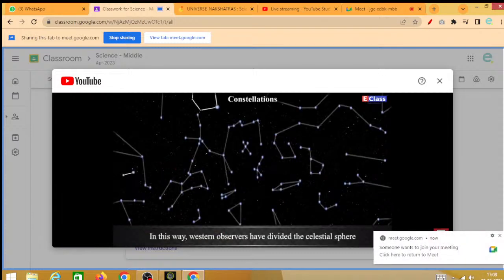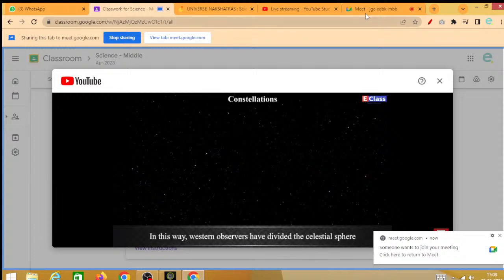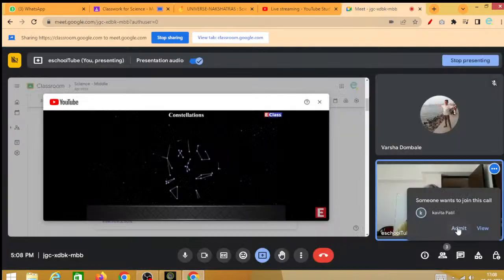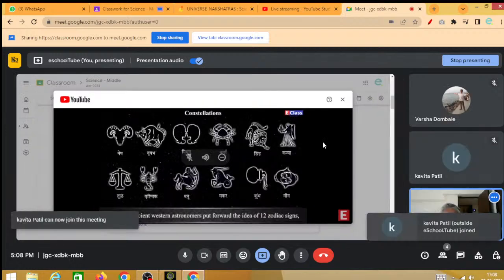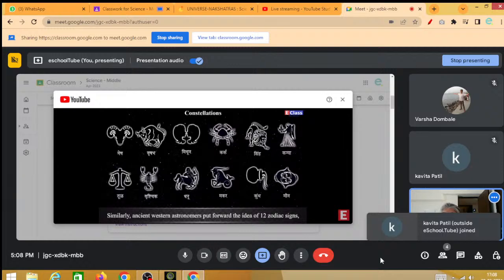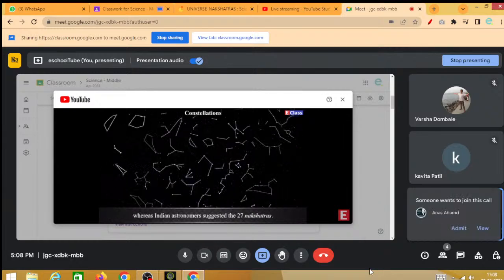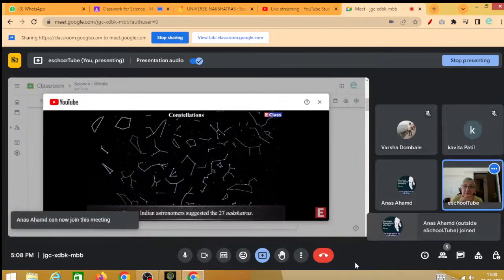In this way, Western observers have divided the celestial sphere into 88 constellations. Similarly, ancient Western astronomers put forward the idea of 12 zodiac signs, whereas Indian astronomers suggested the 27 nakshatras.